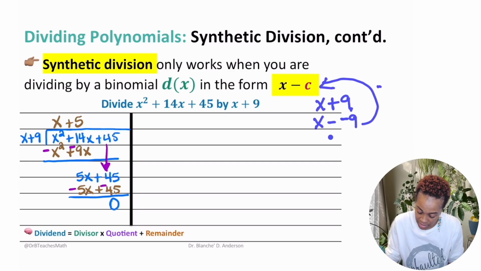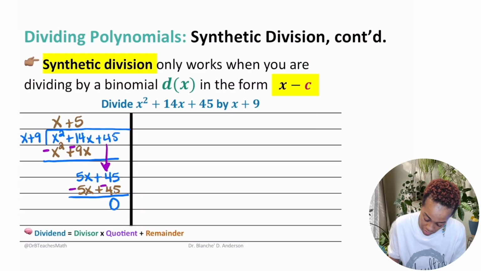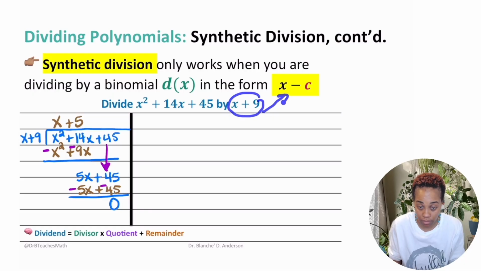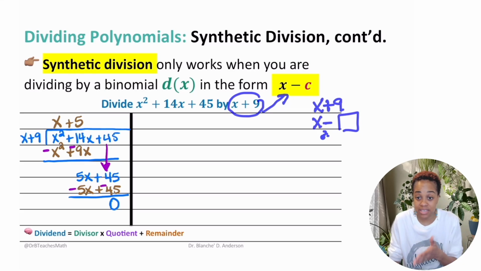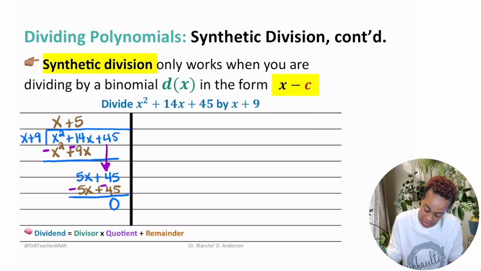That means my c is equal to -9. Do y'all see that? In order for me to use synthetic division, this has to be written in that form. Right now I have x plus 9, but I need it to be x minus something. Well, in order for it to be equivalent, this has to be a -9. So x plus 9 is really x minus -9.